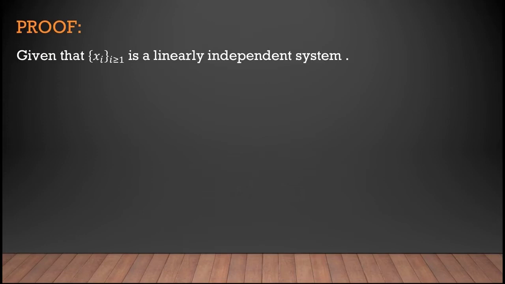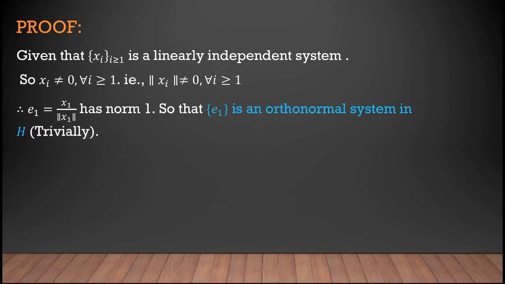So, here since x1, x2, etc., xn, etc. is a linearly independent system, none of these xi's are 0. So, xi not equal to 0 for all i greater than or equal to 1. If xi not equal to 0, then clearly norm of xi not equal to 0 for all i greater than or equal to 1. Here we have defined e1 as x1 by norm of x1.